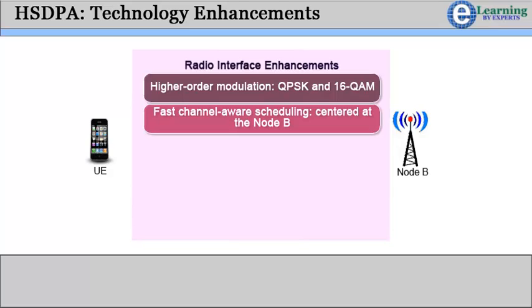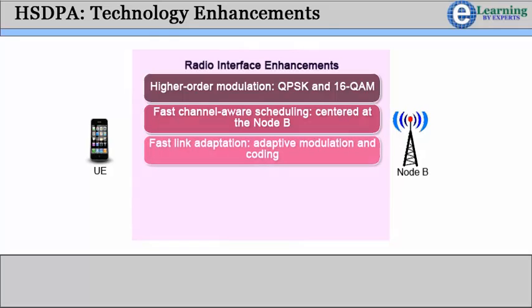The fast scheduling capability of HSDPA can be taken advantage of through adaptive modulation and coding to provide all users the highest possible data rate. The modulation and coding schemes are adapted dynamically based on the quality of the radio link while maintaining the power level constant.